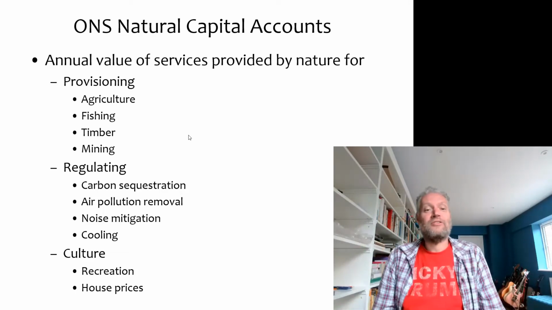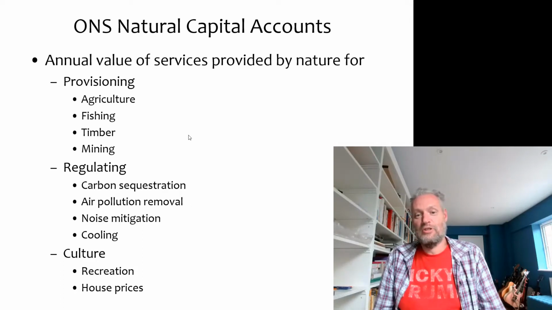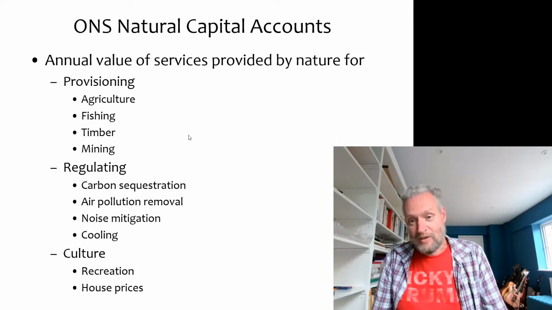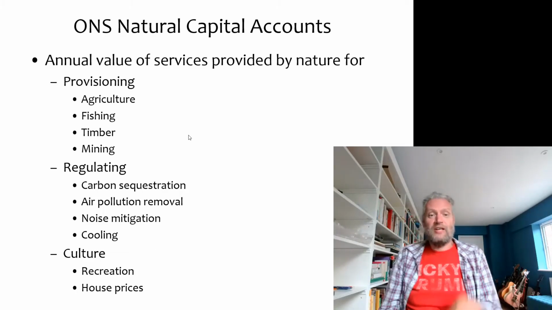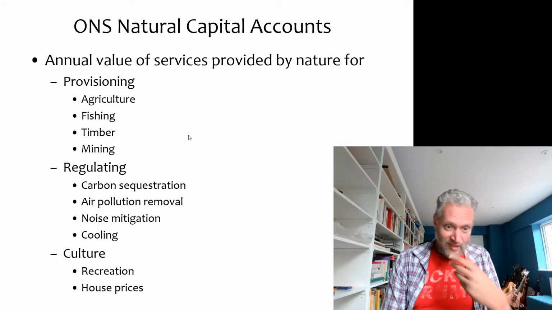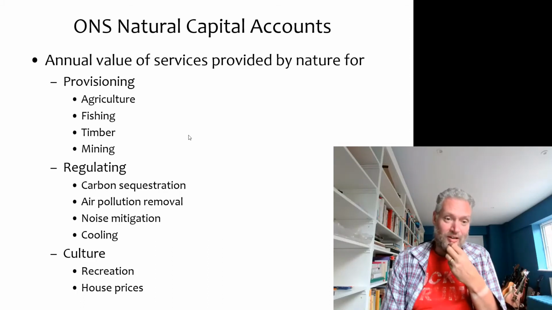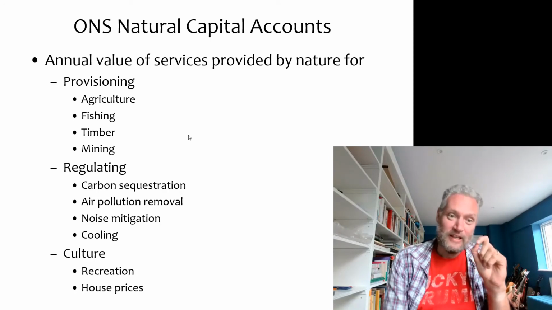And essentially what they try to measure there is the annual value of the services provided by nature, by the natural environment, for three things: provisioning, regulating, and culture. And I'll show you examples of all three.